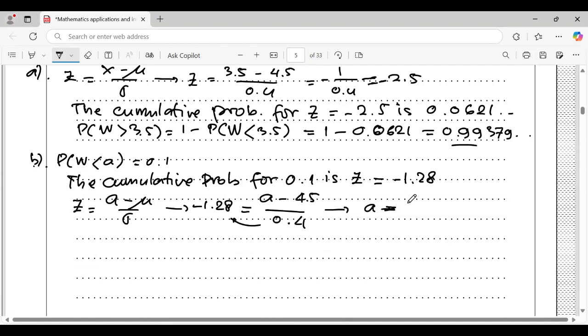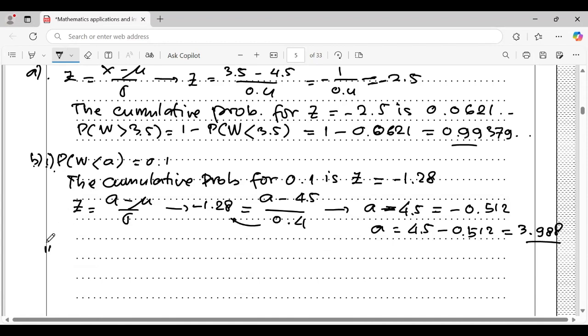So a minus 4.5 equals minus 1.28 times 0.4, which is minus 0.512. a equals 4.5 minus 0.512, and a equals 3.988. This one.